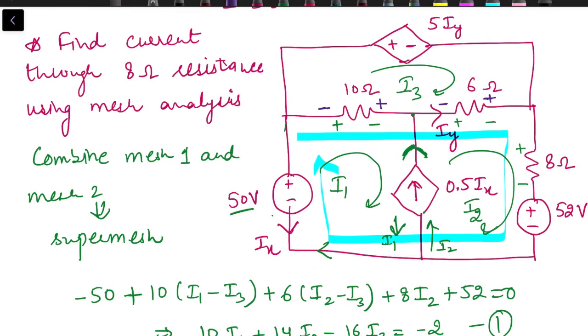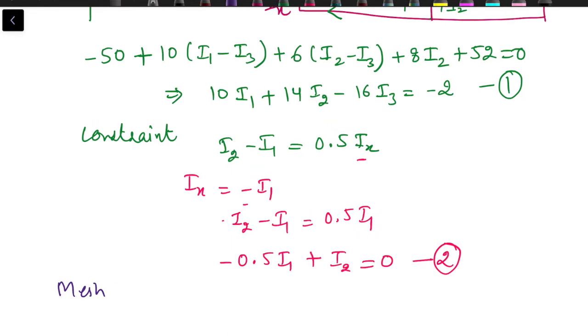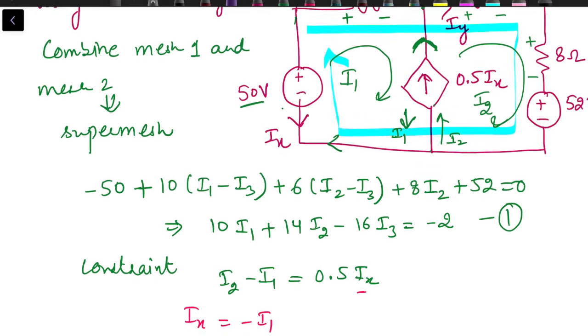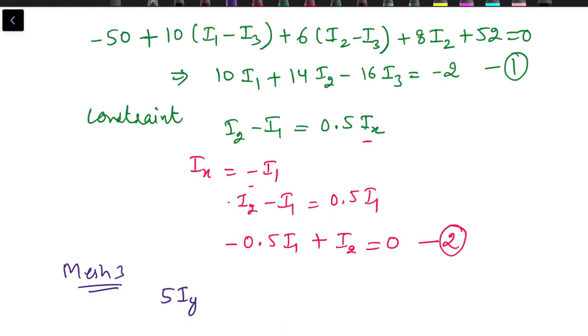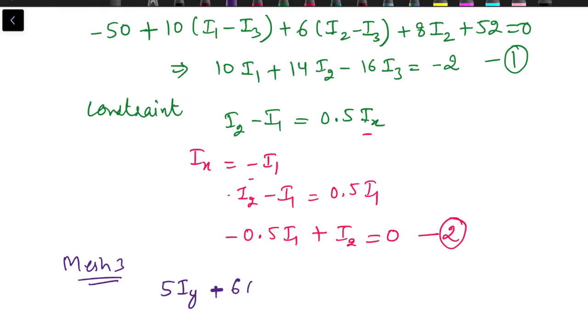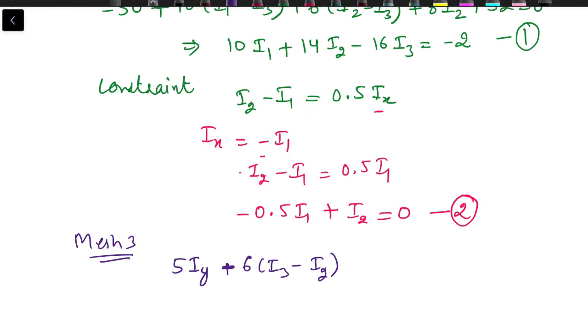So I will start with the 5 Iy source in mesh 3: plus 5 Iy, then plus 6 into (I3 minus I2). Then we have the drop across the 10 ohm resistance. Current in this direction is I3, in this one it's I1, so it's plus 10 into (I3 minus I1), equal to 0.